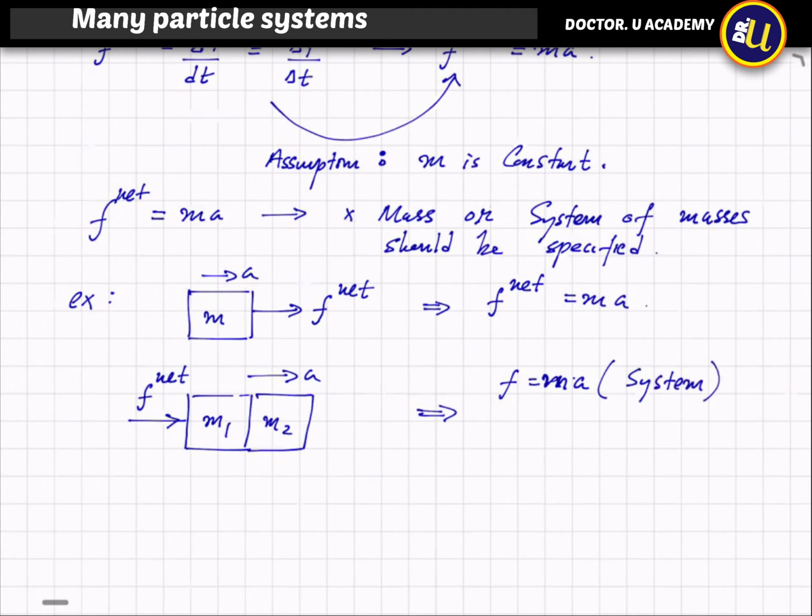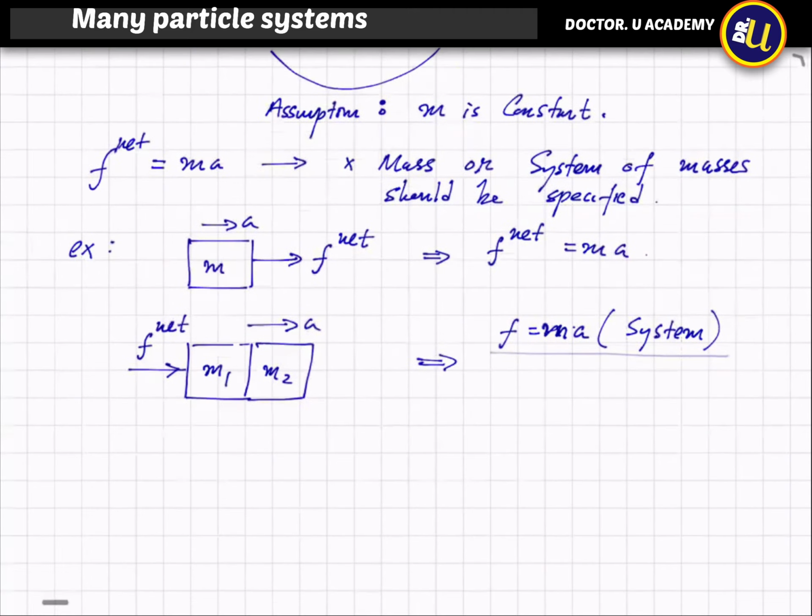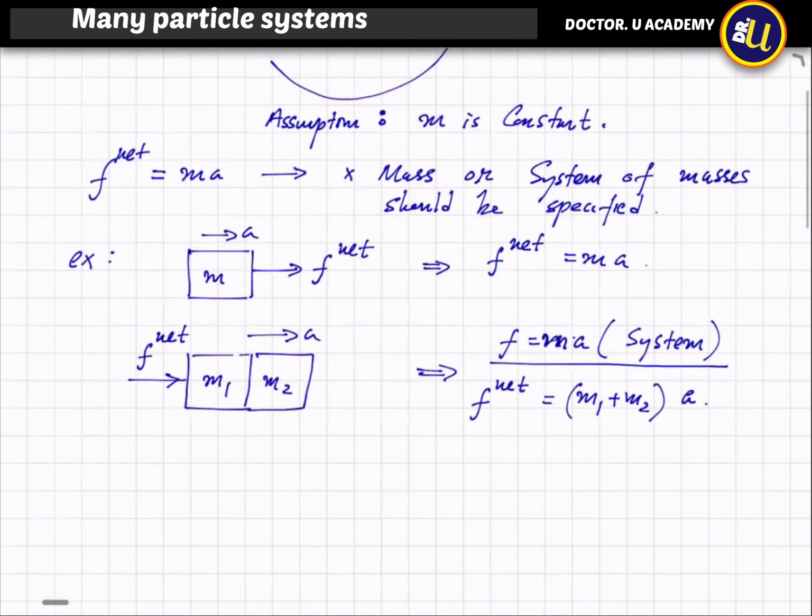When you use this for the system, the force on the system would be F net, the mass of the system would be m1 plus m2, and the acceleration would be a. This is how we use F is equal to ma for individual objects as well as for systems of objects.